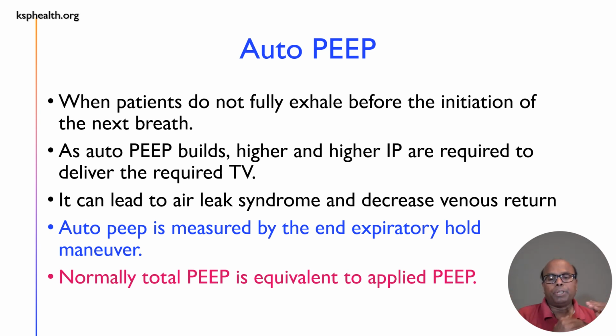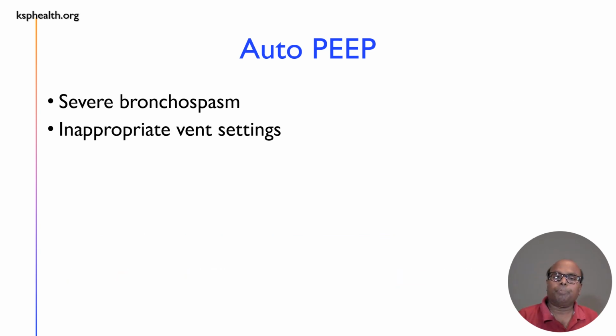The total PEEP measured at the end expiratory hold should be equivalent to the applied or extrinsic PEEP. If the total PEEP exceeds the extrinsic PEEP, that means auto-PEEP is building up in that patient. That happens when there is severe bronchospasm or because of inappropriate ventilatory settings like tidal volume, respiratory rate, and prolonged inspiratory time or shortened expiratory time, and so on.